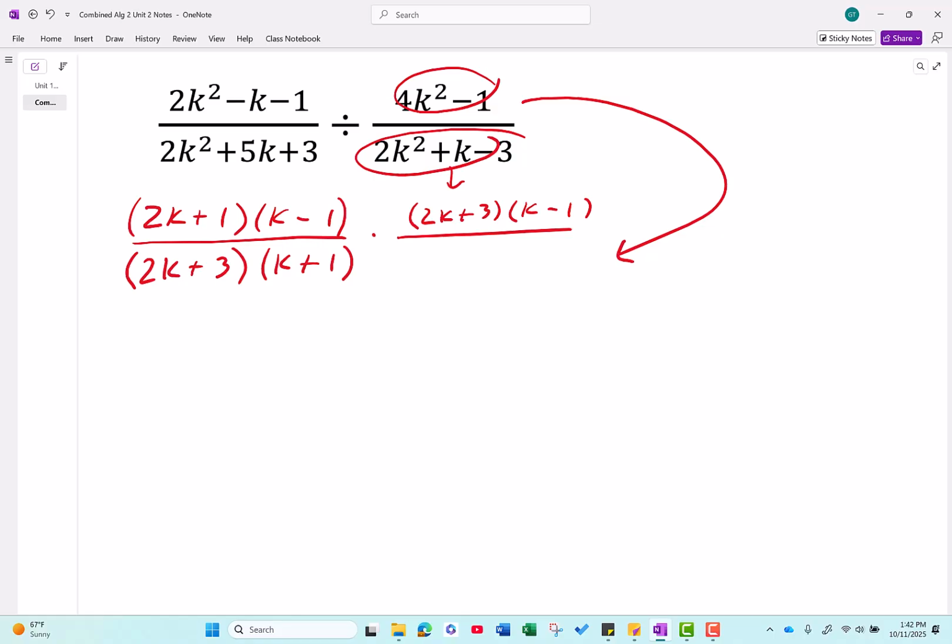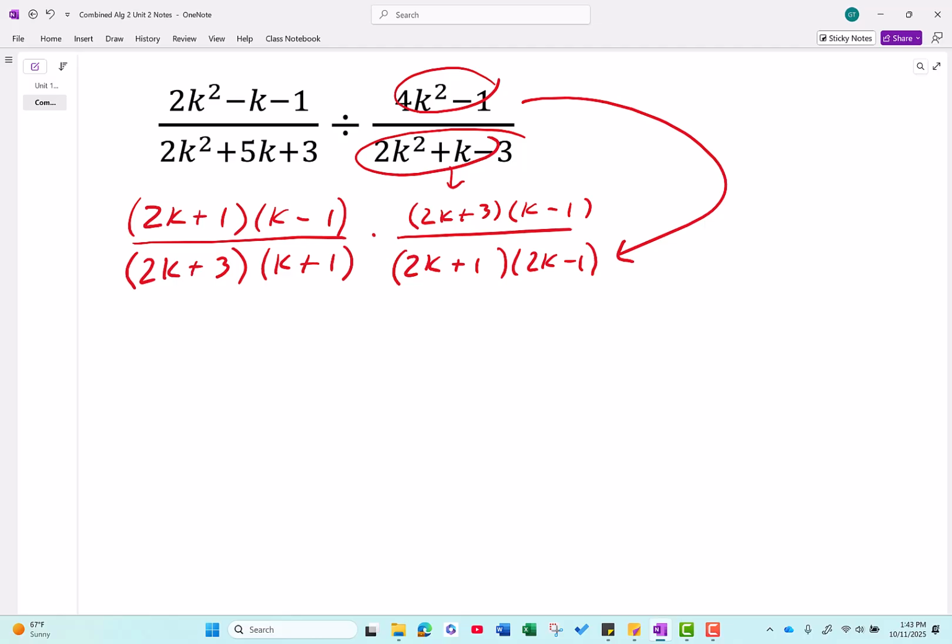Okay. All right, so I see that we have 4k squared minus 1. Okay, so I'm going to need to do 2k and 2k. All right, so it's a difference of squares, so it's going to be a plus 1 and a minus 1.